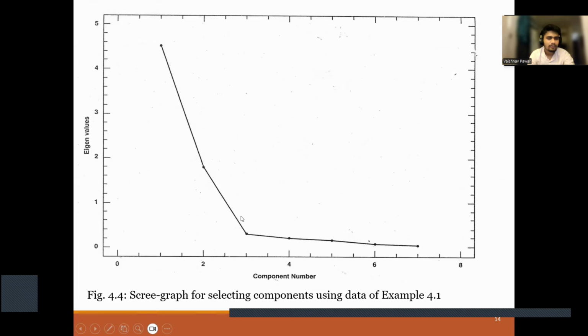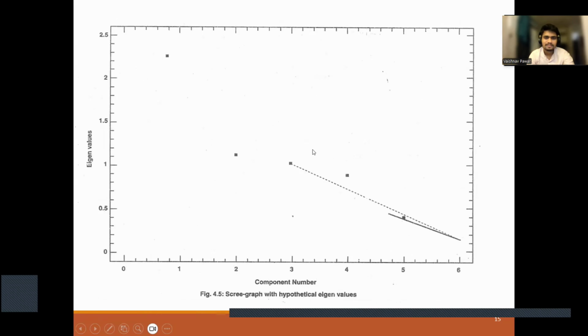Components before the elbow are selected, and after the elbow, at this point, we have to remove these points, as the eigenvalues are small here. This method is easy to use and no complex calculation is needed. However, it is subjective, and sometimes it is interpreted differently. Different people interpret differently. That is nothing but the drawback of the scree plot.